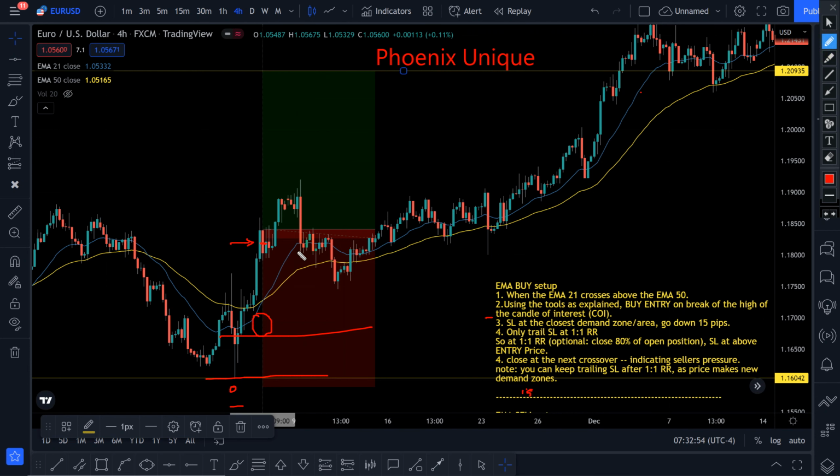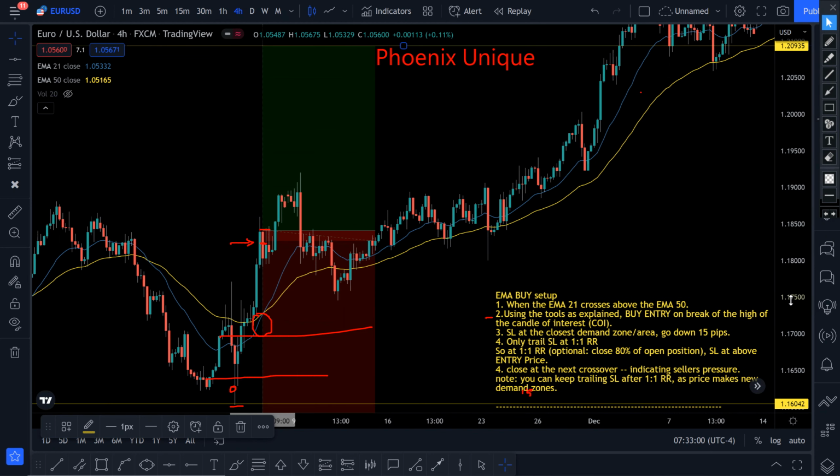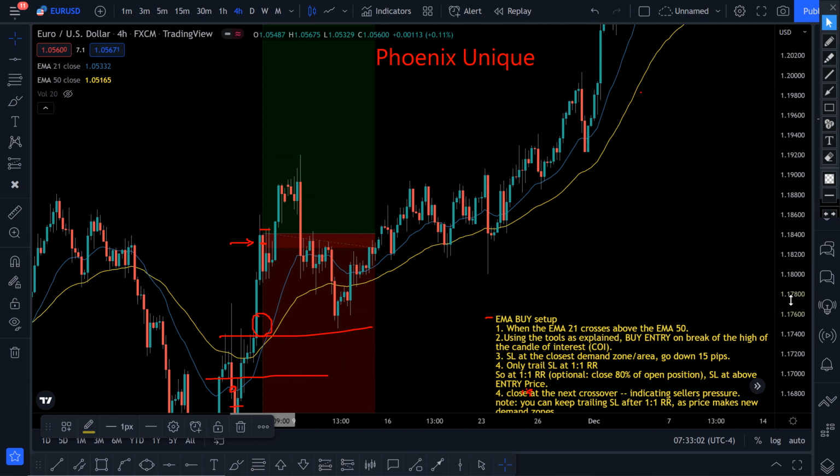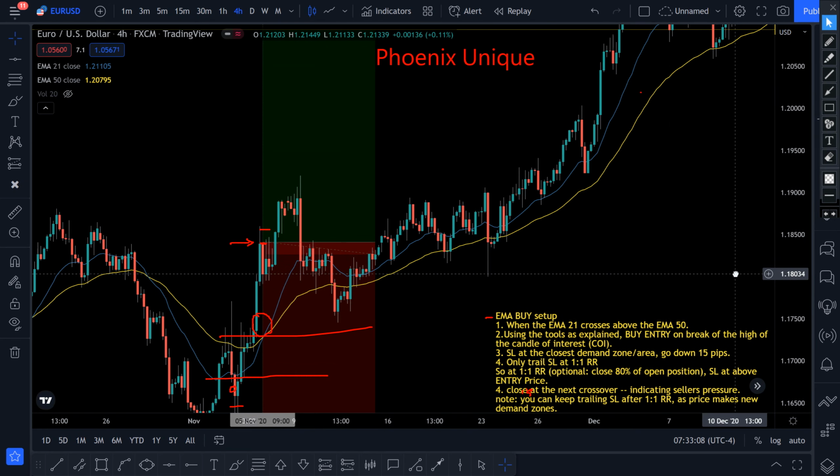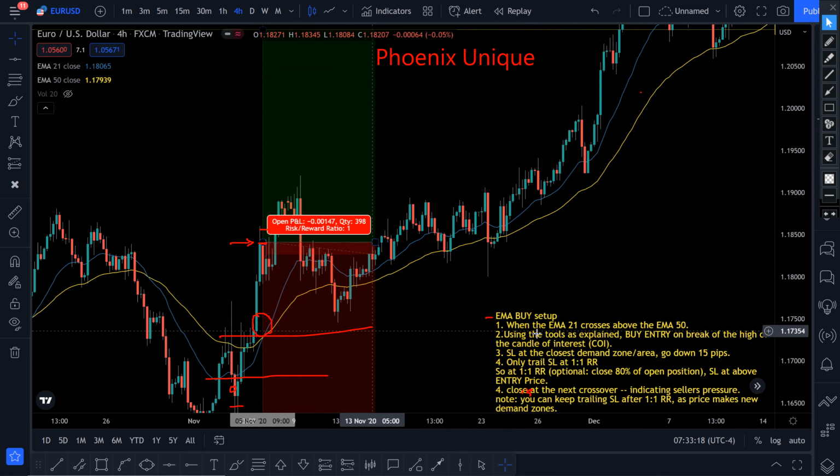Okay, so this is our entry. In fact, let me adjust this so that it will tally with what it was before. Good. So this is our entry here. Your stop loss will be down, which we've already done.